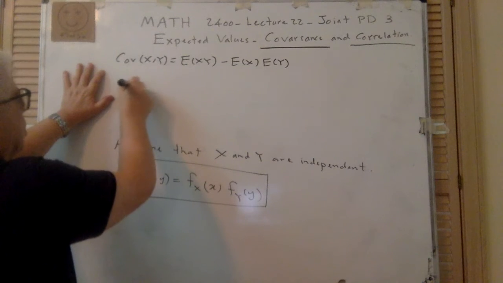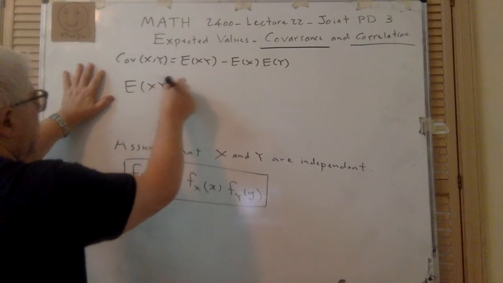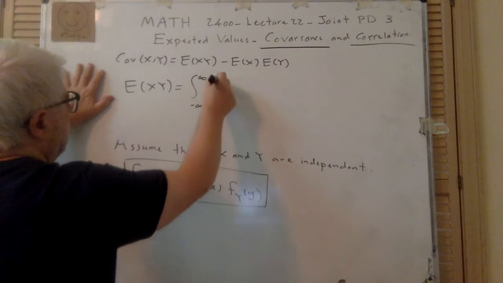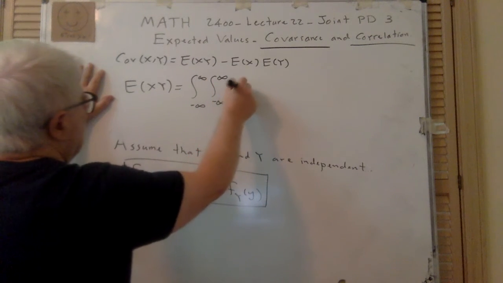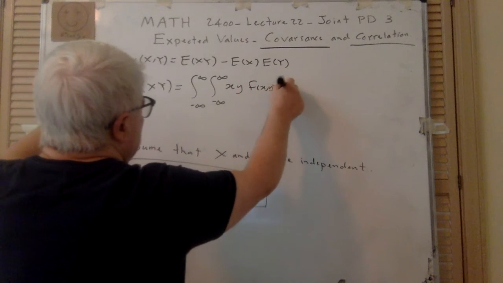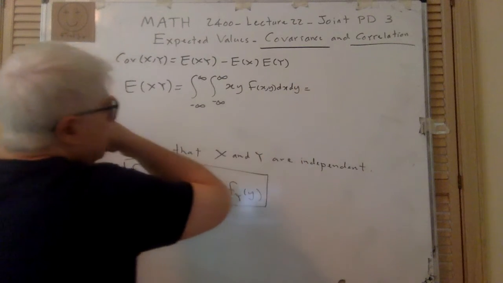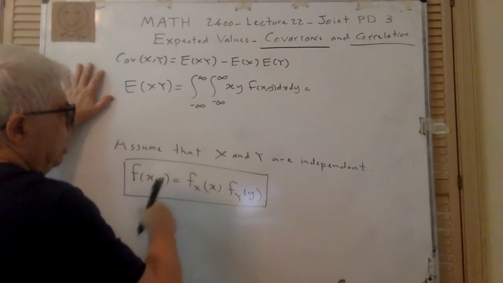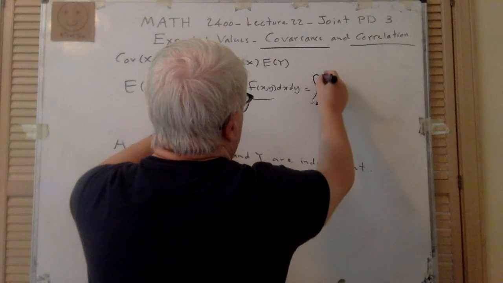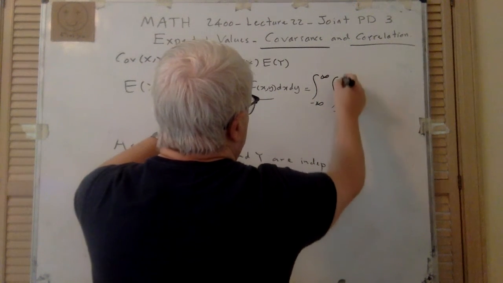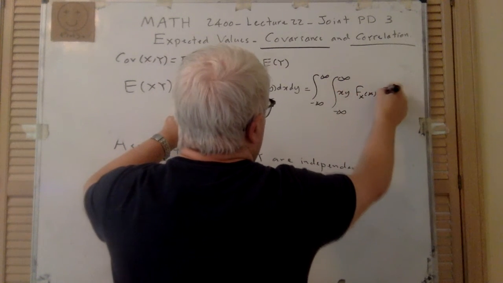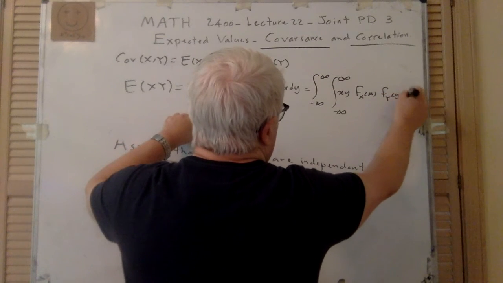So let's find E[XY]. We know by definition this is the integral from minus infinity to infinity, minus infinity to infinity, of x times y times f_XY dx dy. But I know that this splits: the double integral of x y f_X f_Y dx dy.